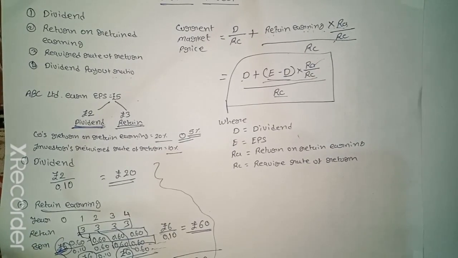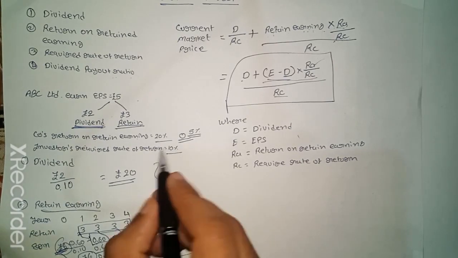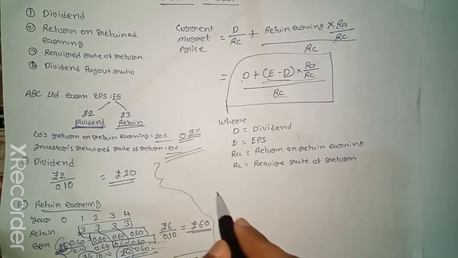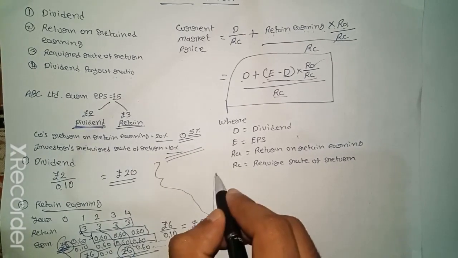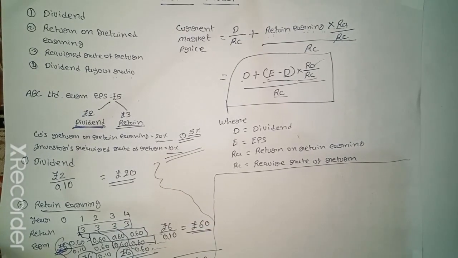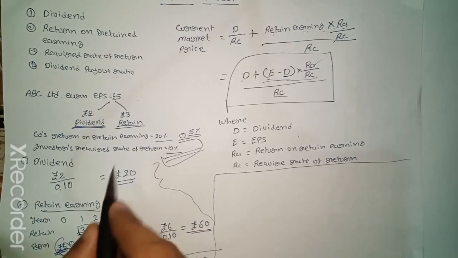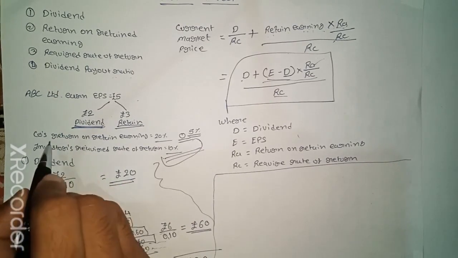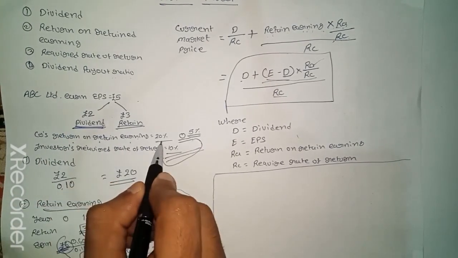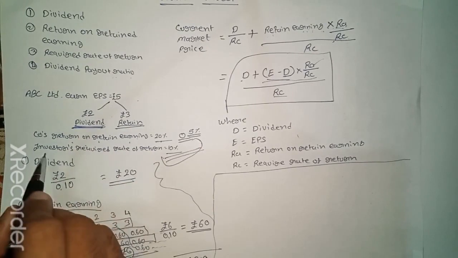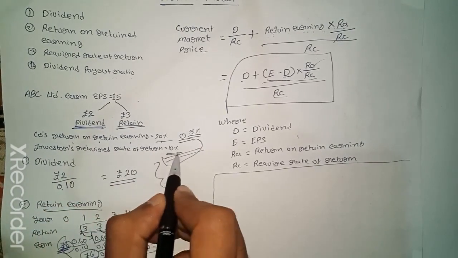Let's solve one question to understand how these 4 factors affect. We take this example here to calculate the effect of this on the price of shares. First, we take return on retained earning 20% and investors' required rate of return 10%.